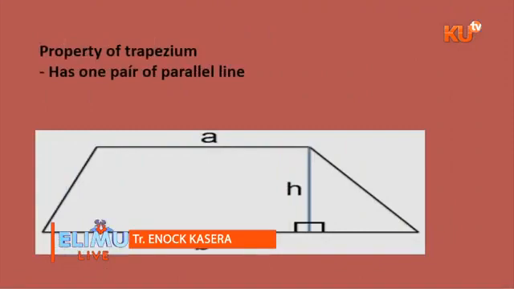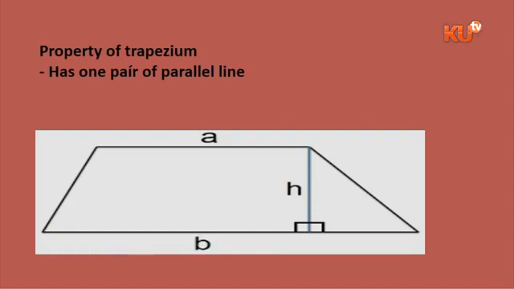The other 4 that I've just discussed have 2 pairs of parallel lines. So this is a unique property of a trapezium.